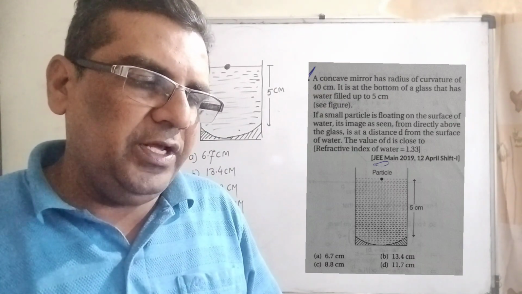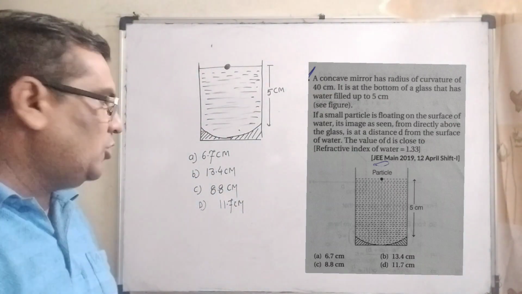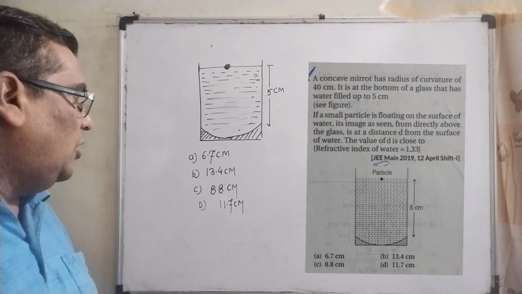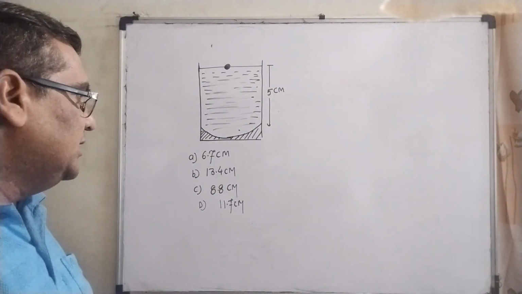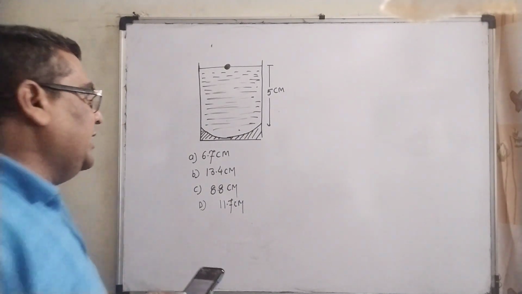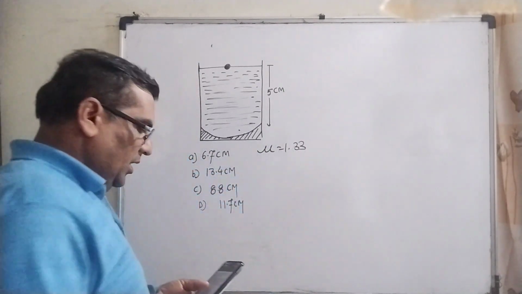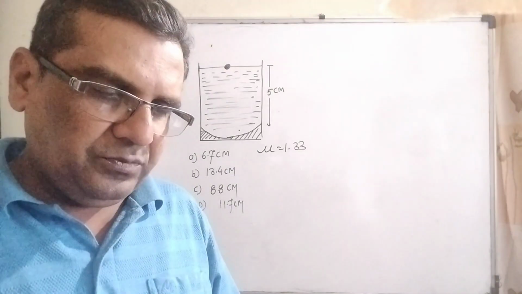The value of d is close to: first option 6.7 centimeter, second option 13.4 centimeter, C option 8.8 centimeter and D option 11.7 centimeter. You are given the refractive index of water mu equal to 1.33, and this question was asked in JEE Mains 2019.